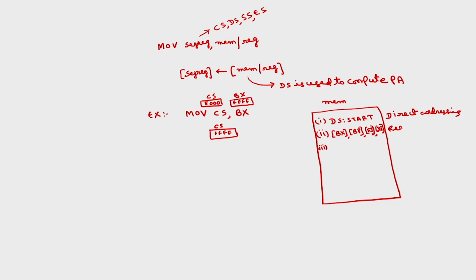Then we have based addressing mode, in which it will be BX or BP plus some start value. This is called register based addressing mode.